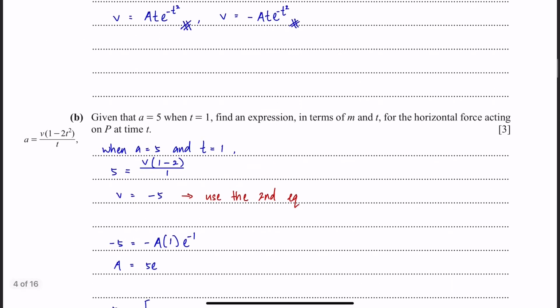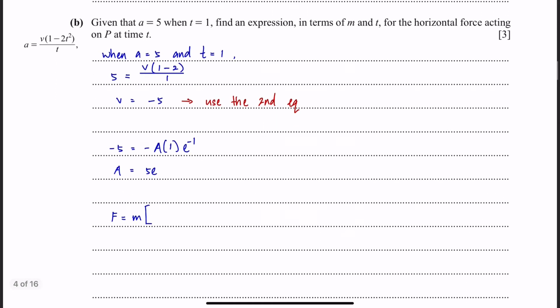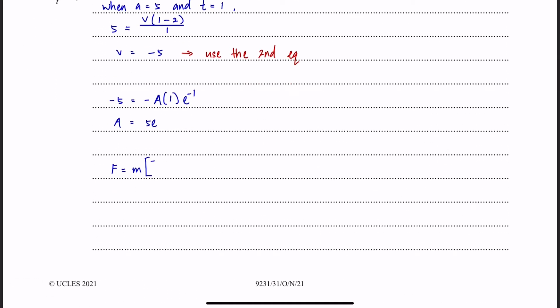But v is equal to negative A t e to the power of negative t squared. So we have to sub this in as well. So we have negative 5e times t times e to the power of negative t squared times 1 minus 2t squared over t.